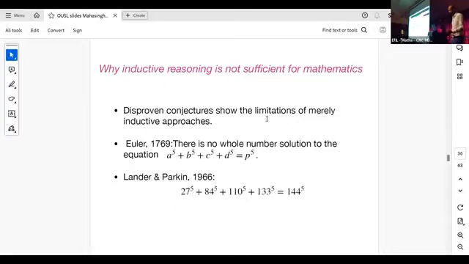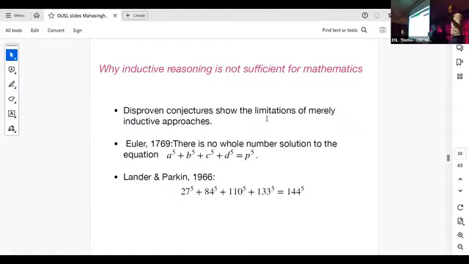So Euler thought, and he wrote, that there is no whole number solution to this equation: a to the power 5 plus b to the power 5 plus c to the power 5 plus d to the power 5 is equal to e to the power 5. You know what all the numbers are, right?